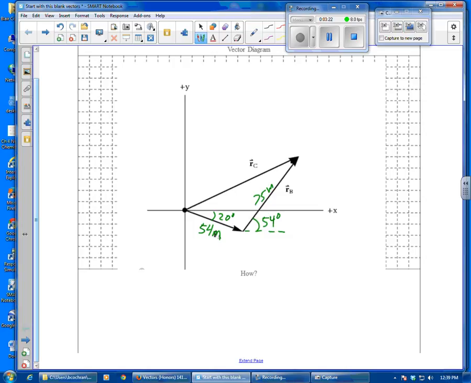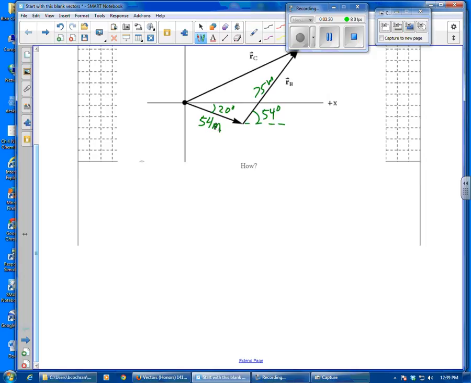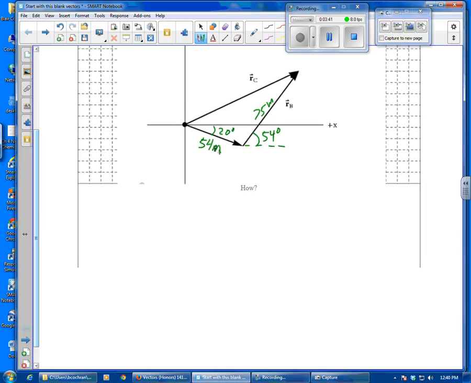All right, so I'm going to figure out the components of each of these. I read them from my problem. So I'm just going to redraw this to help myself picture it. I've got this, and I'm going to have a horizontal component and a vertical component. This is 20 degrees. The side is 54 meters.